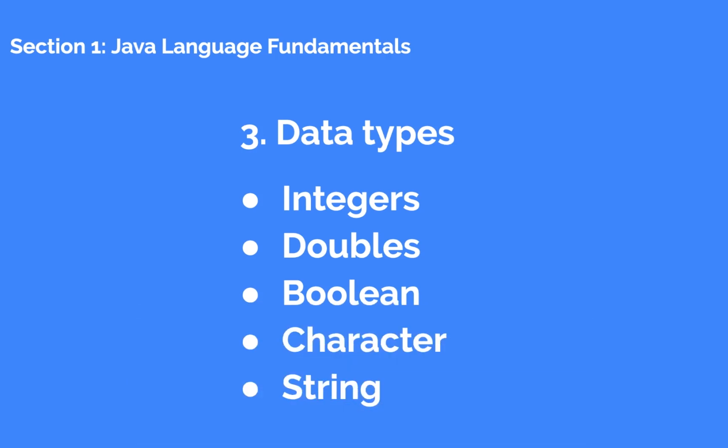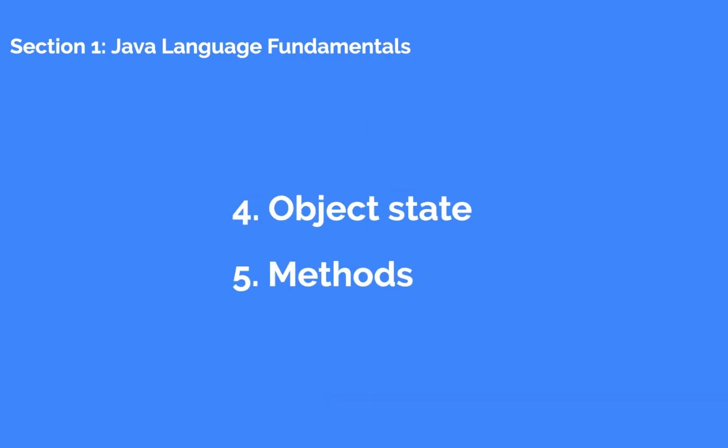So we're going to be looking at integers, doubles, booleans, and characters as the most common primitive data types, as well as we're going to learn how to build variables of object types. So one example is the string variable. That is an object type, and we're going to be learning how to build variables to store data of all these different types. Next, we're going to learn about object state.